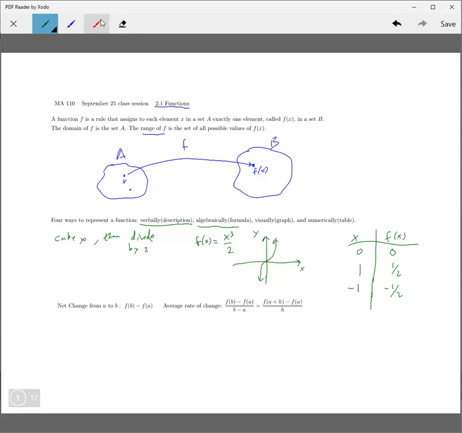Now, the thing about functions is what you can't have is an element in the domain associated with 2 elements in the range, or with more than one element in the range.